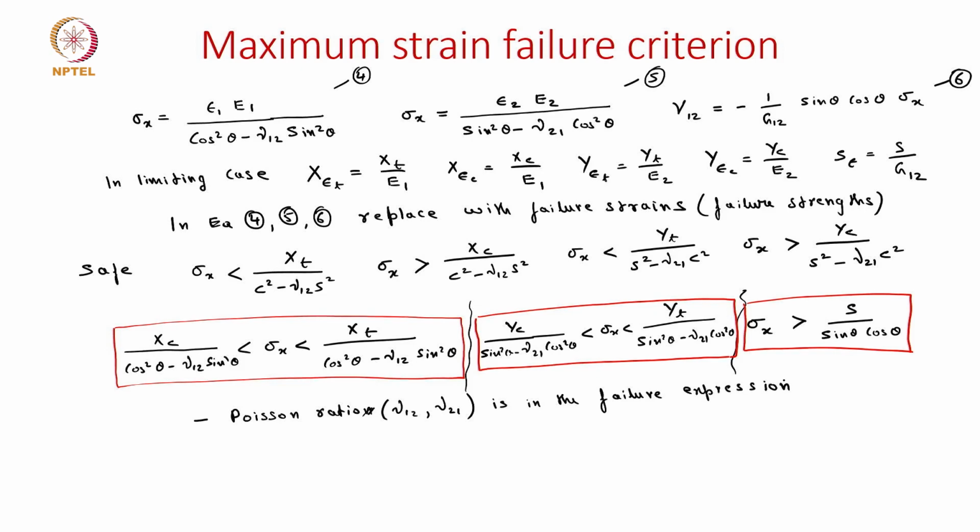So why do we stress it? Because this is something which is absent when we are looking at the maximum stress failure criteria. But when we are discussing this maximum strain failure criteria, only then we look at this Poisson effect coming into the failure expressions.